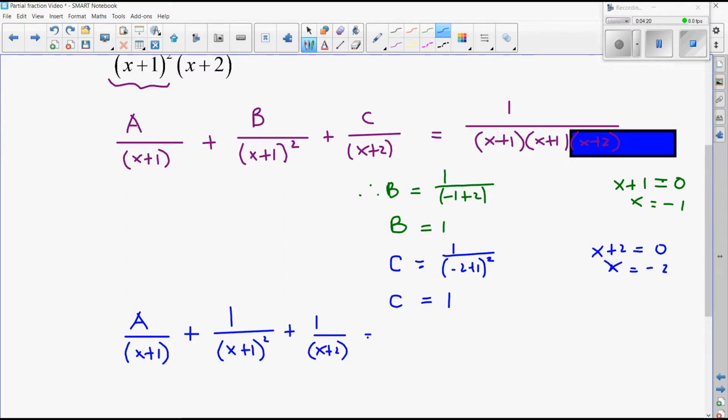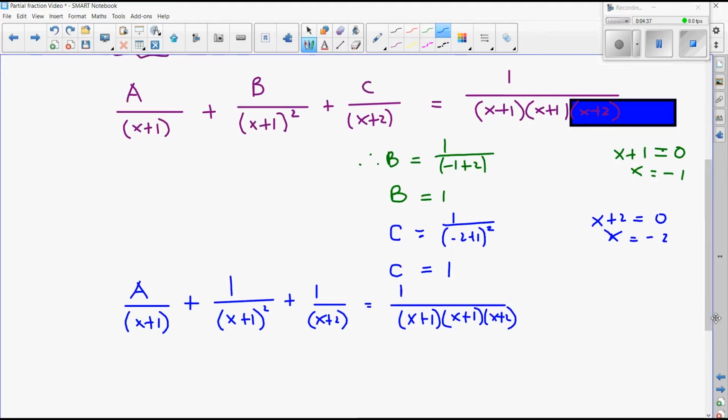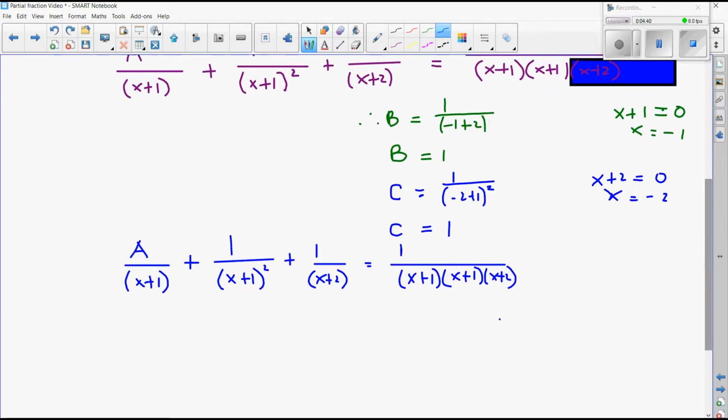This equals 1 over x plus 1 times x plus 1 times x plus 2. So now I'm going to find the lowest common denominator. My lowest common denominator is going to be x plus 1 times x plus 1, which I write as x plus 1 squared times x plus 2.